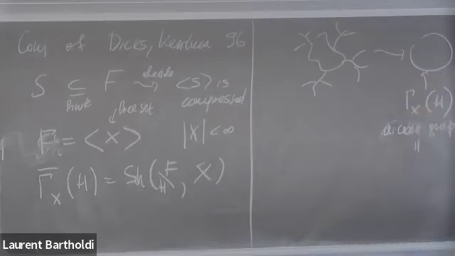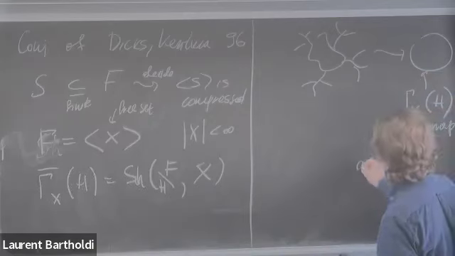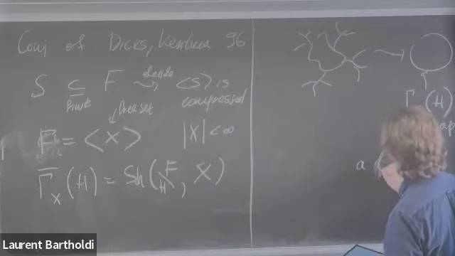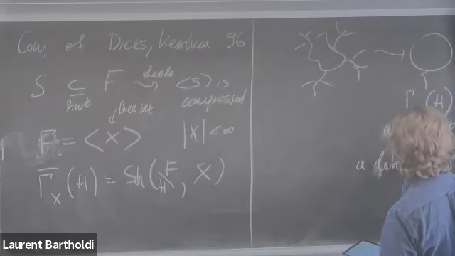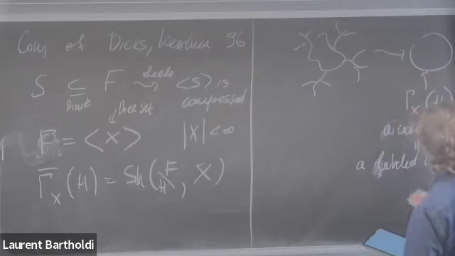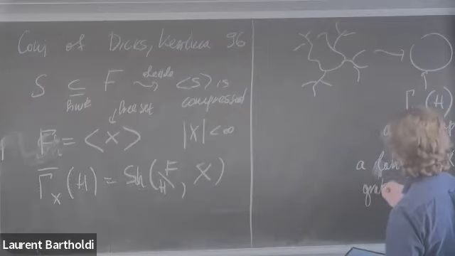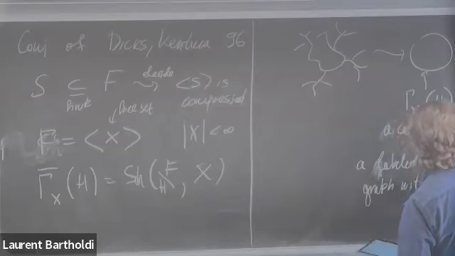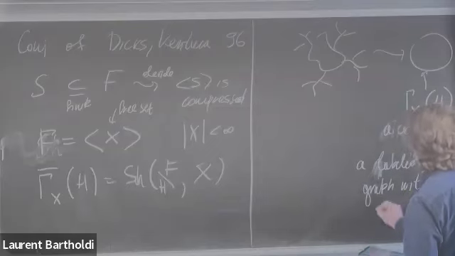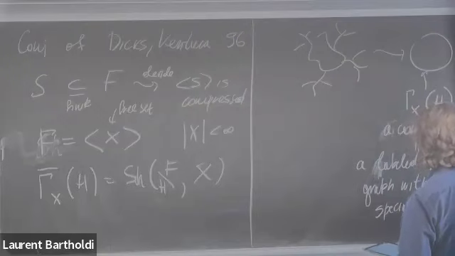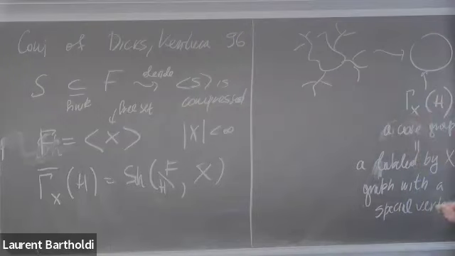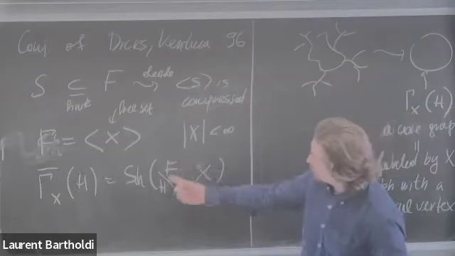We understand this is a core graph because it's not only a graph, but it comes with a special vertex. This is a labeled graph with a special vertex, in this case, the base vertex.